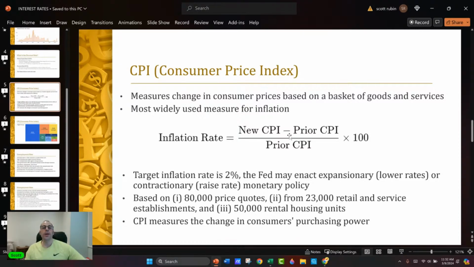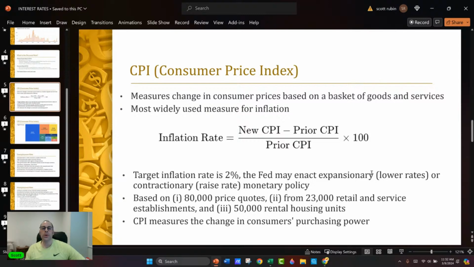So if inflation is getting really high, like 7, 8, 9%, then the Fed will enact expansionary policies, meaning they'll lower interest rates, which adds money to the economy, or contractionary measures, which is raising interest rates.